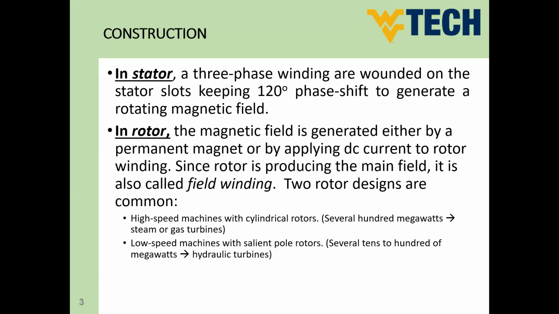The rotor structure is also ferromagnetic material, and it has different shapes. We will see the different shapes in a few slides. This mechanical rotor magnetic core will carry either permanent magnets or a field winding.